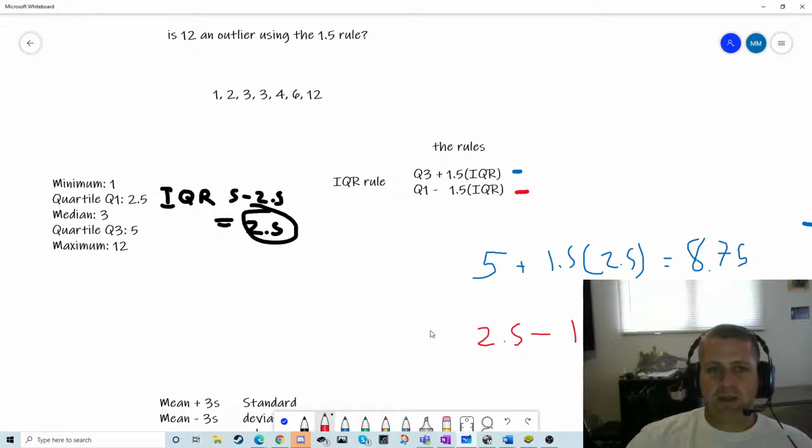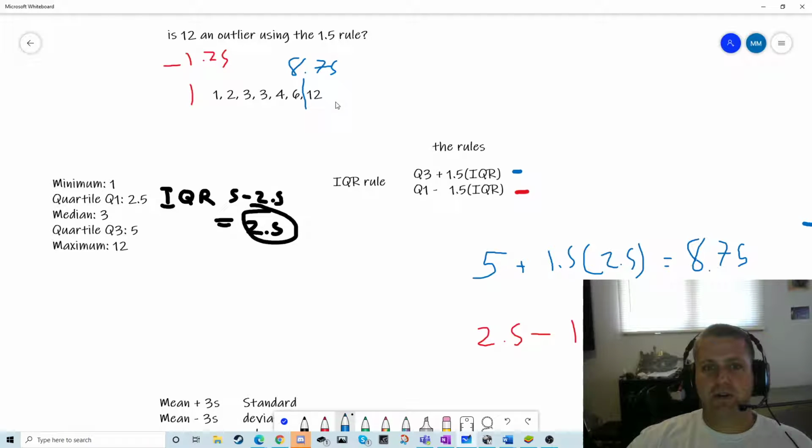What does that mean? It means if points are out of bounds, then they're outliers. The blue boundary is somewhere up here at 8.75. 8.75 is not a point, so it's not an outlier, it's just a boundary. The red boundary is way down here at negative 1.25. So there are no low outliers here, but there is an upper outlier.